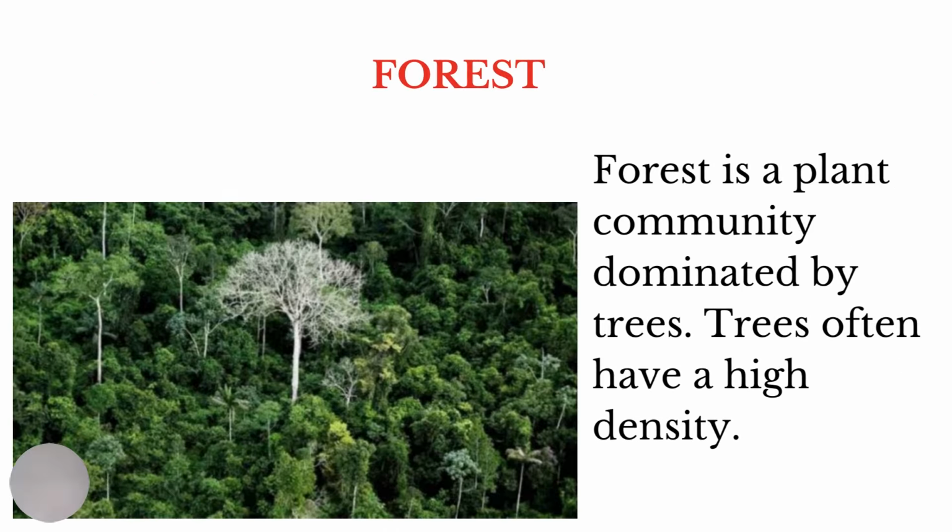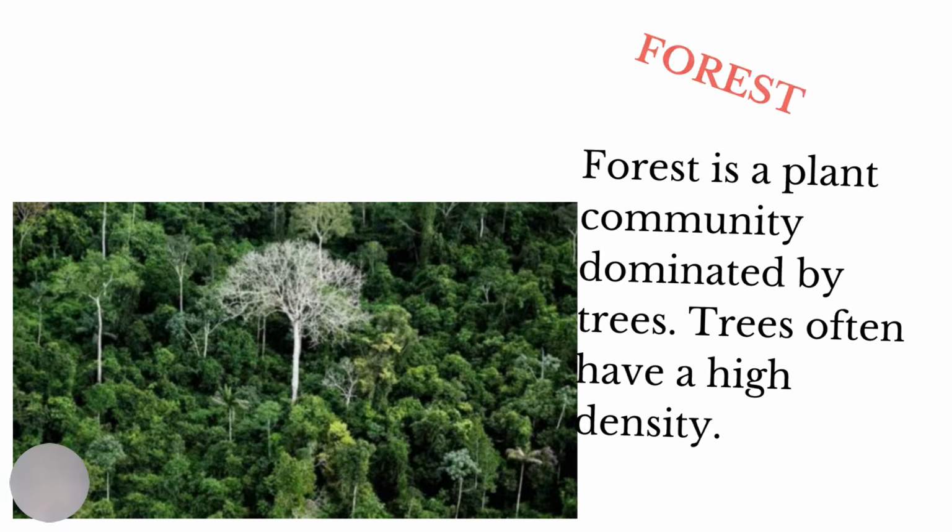So I'm just going to quickly look at each of the vegetation types that I just mentioned, just to reiterate the point that I made. So here we have our forest made up of trees. Notice that the trees are close together, so there's a high level of density.